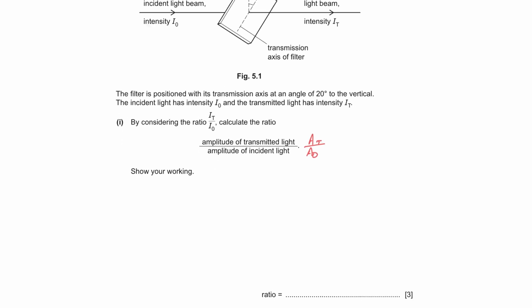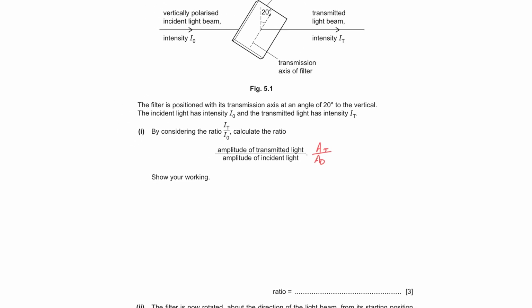Now, there are two ways to solve this. You can either use the formula IT is equal to I0 cos squared theta and rearrange this. You've got the angle as 20 degrees, find out the ratio of IT over I0, and then you can use I is proportional to A squared.